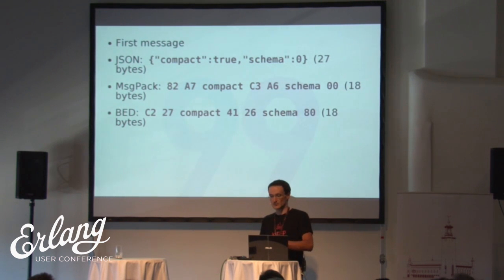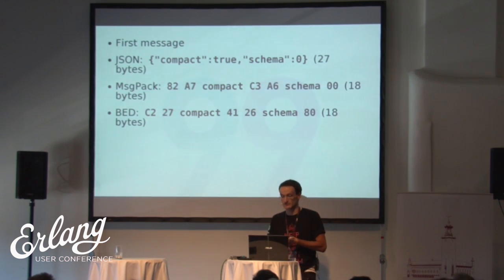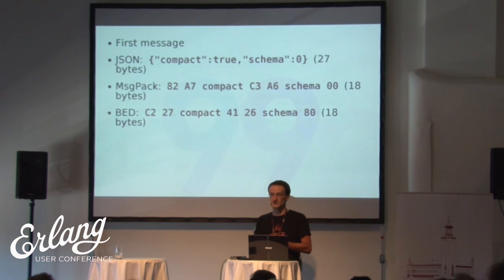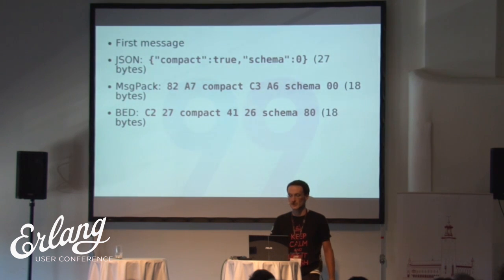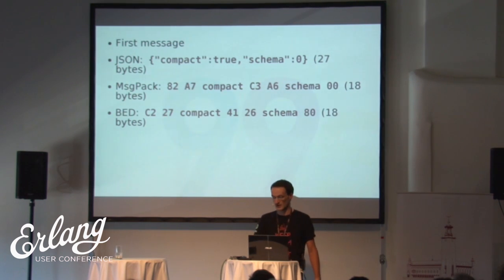So this is a very small JSON. More real-world examples would actually be much larger, and MessagePack would be much more efficient. But the format is actually exactly the same as MessagePack for the first time we send this message. But then we are going to send another message with exactly the same structure, a key with compact and a key with schema.